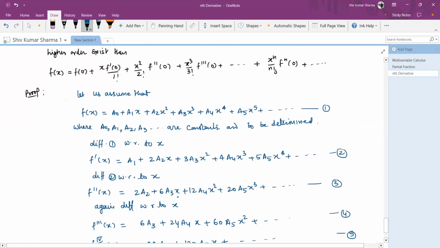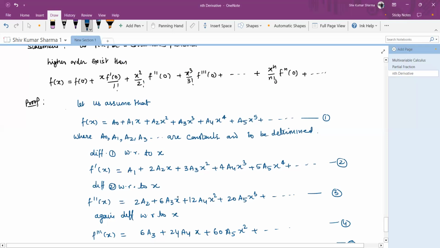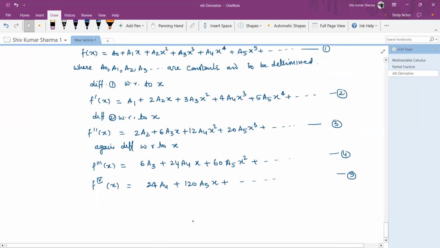Now when we look at the statement of the Maclaurin theorem, we have to prove f(x) is equal to f(0), f'(0), f''(0), f'''(0). So for proving the Maclaurin series, we put x equal to 0 in equations 1, 2, 3, 4 and 5.